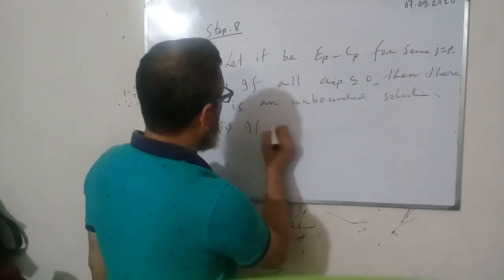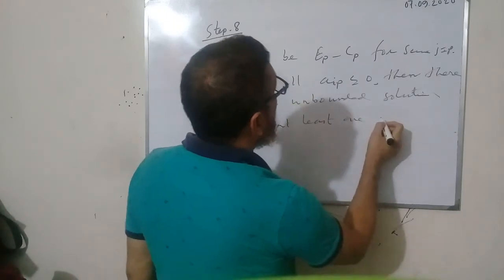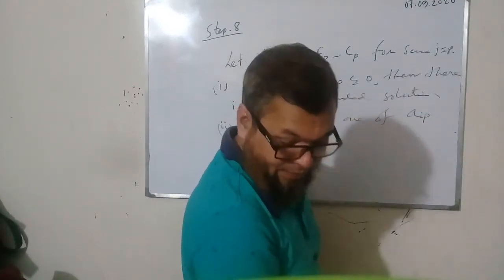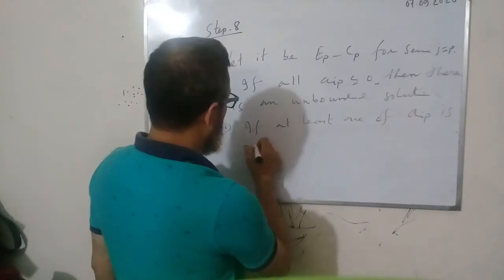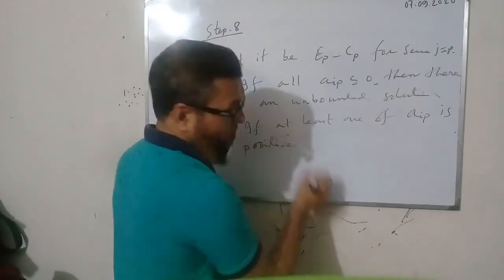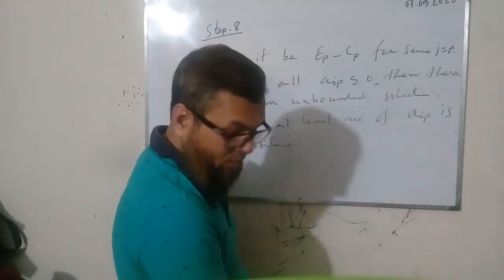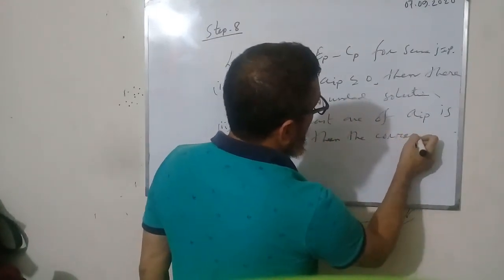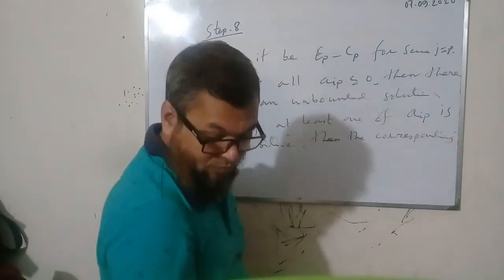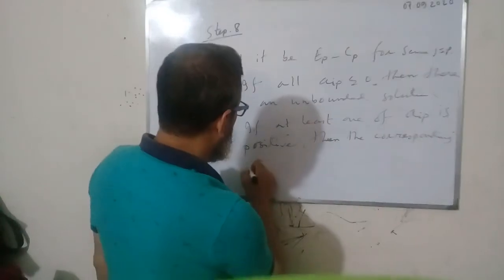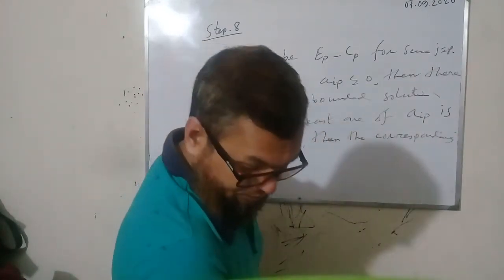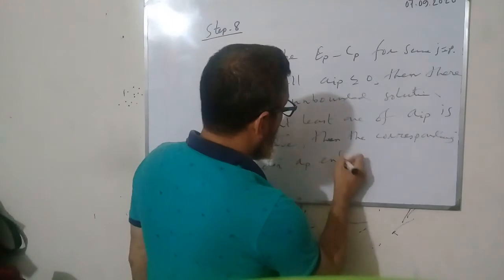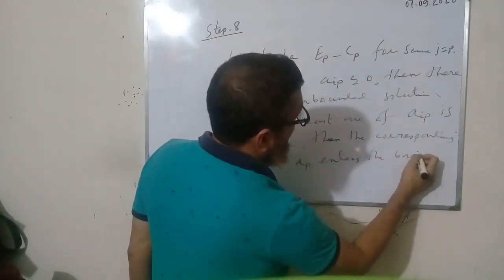If at least one of aip is positive, then the corresponding vector ap enters the basis.